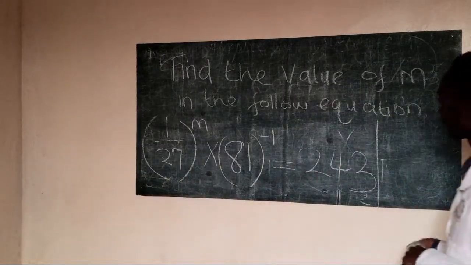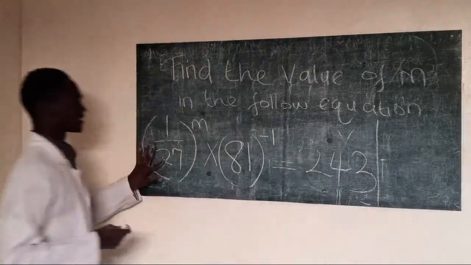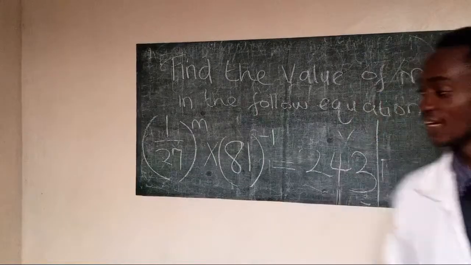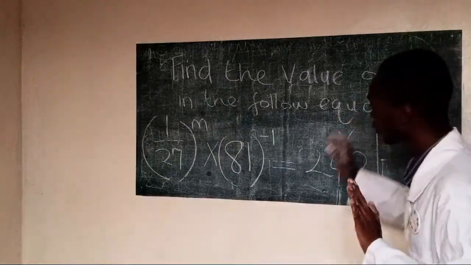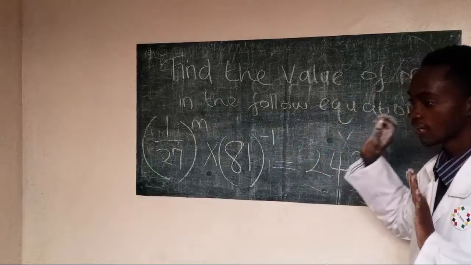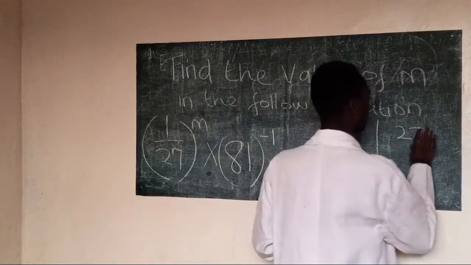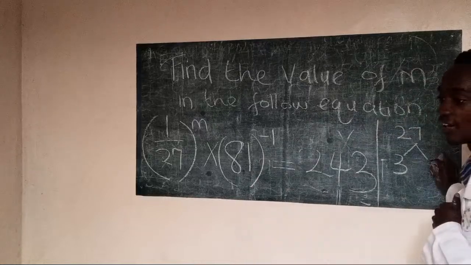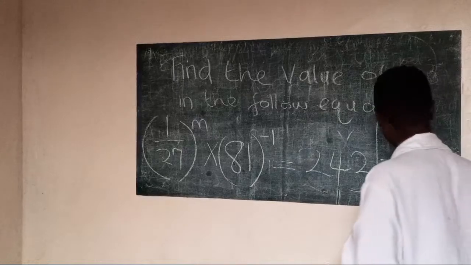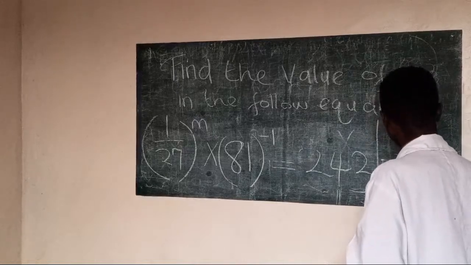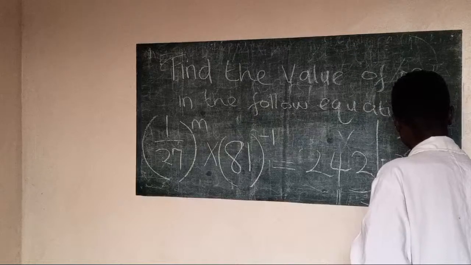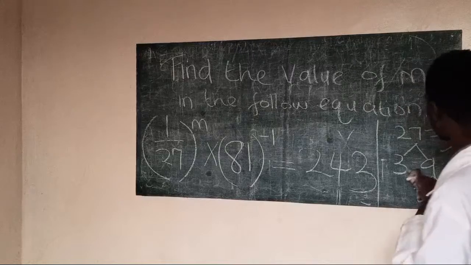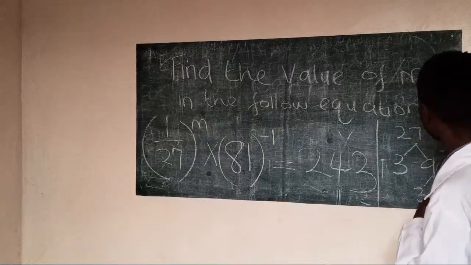Everybody look up. These numbers, I am going to first of all identify their expression in terms of prime. 27 divided by 3 equals 9, 9 divided by 3 equals 3, so 27 is 3 raised to power 3, isn't it?